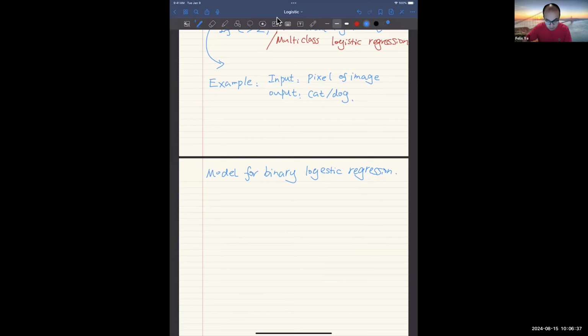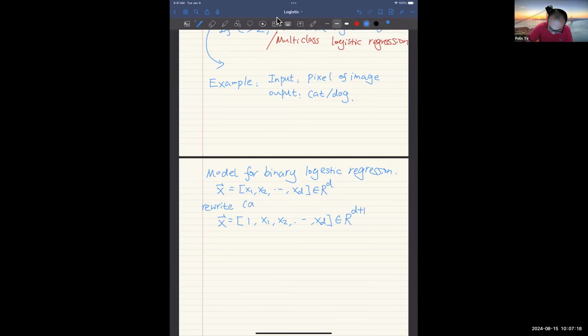Again, we have a feature X, which is X1, X2 to XD, in R^D. And we're going to add a bias here, so we're going to rewrite this by adding 1. This becomes D plus 1 dimensional.